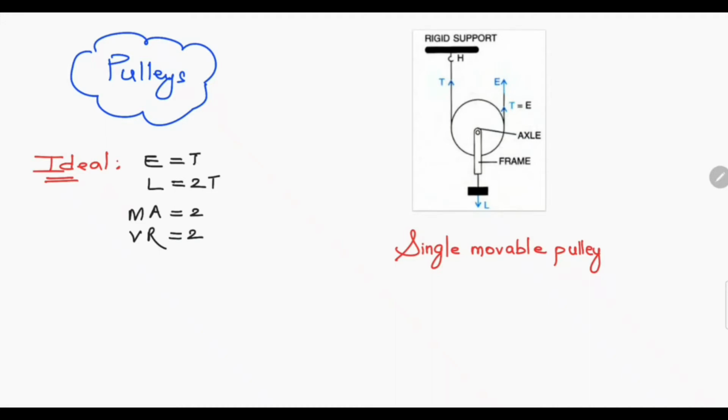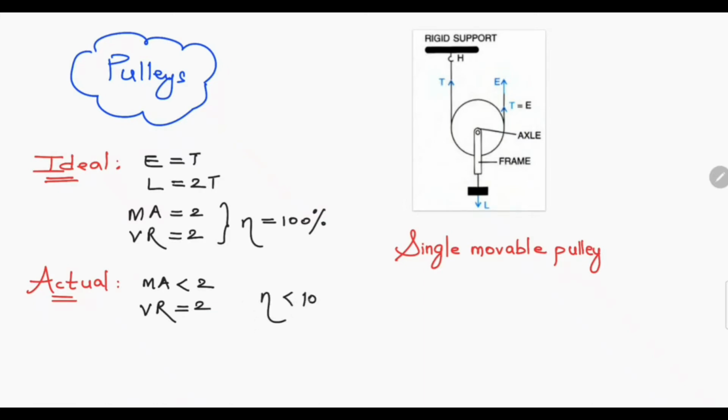We are talking about ideal machine. Since MA and VR are same, efficiency is 100%. In case of actual machines, MA will be less than 2, but VR will be 2, because as I told you, it is a constant, and efficiency will be less than 100%.